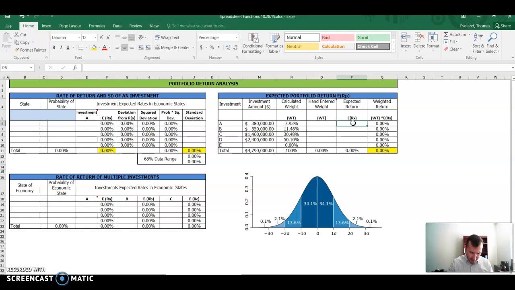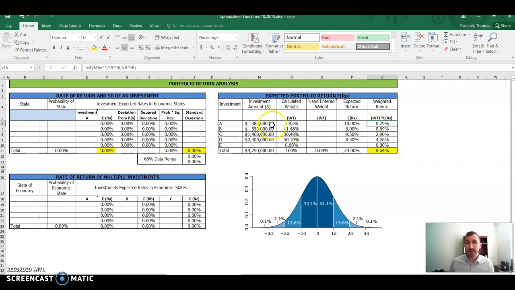In this case, I already know what they are, so we can just see what these returns are as we're rolling down through this. And it uses this formula for us to see that, given the weight that we've calculated here and the expected return, our weight times our expected return is each of those investments' contribution to the expected return of the portfolio.